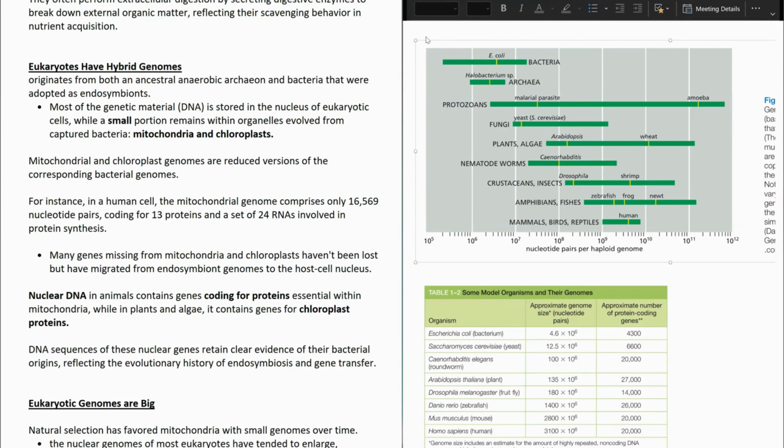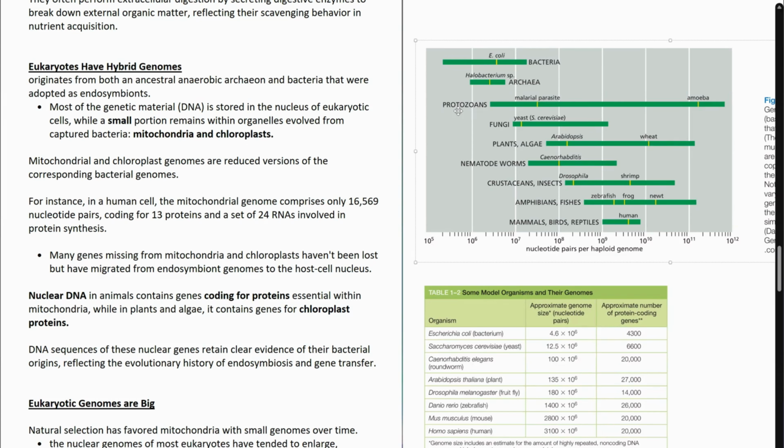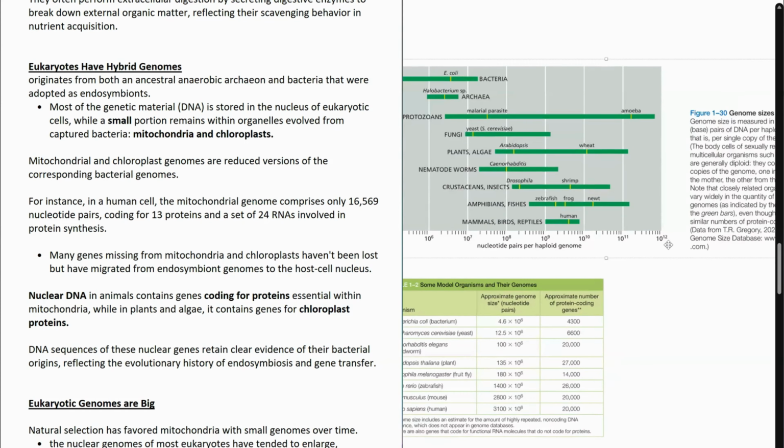Of course, protozoans being so diverse, their genome size spans greatly. But there is a trend where, as you go along an evolutionary tree in complexity, genome sizes do tend to increase, from prokaryotes to eukaryotes and even the different groups of life.